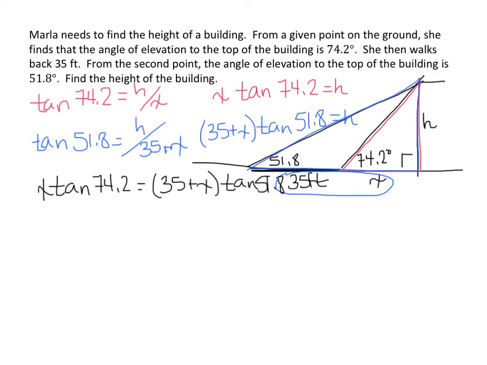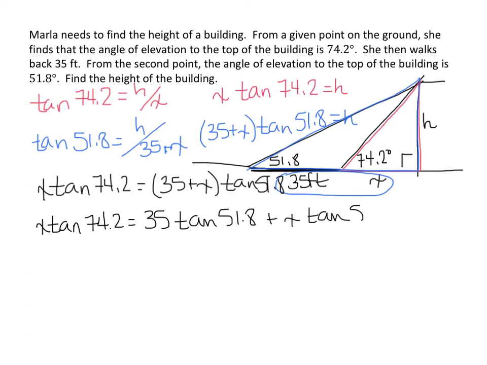So I'll rewrite the left-hand side, X tangent of 74.2, and that's equal to 35 times the tangent of 51.8 plus X times the tangent of 51.8. The reason that I do this is because now I can collect these terms with X and put them together on the left-hand side, meaning I have to subtract this from both sides of the equation.